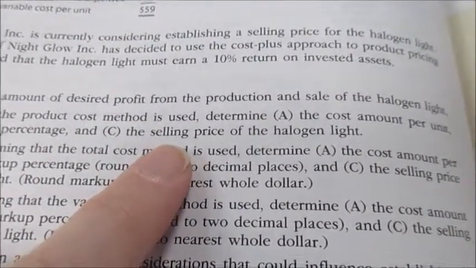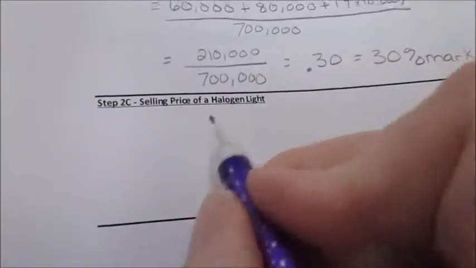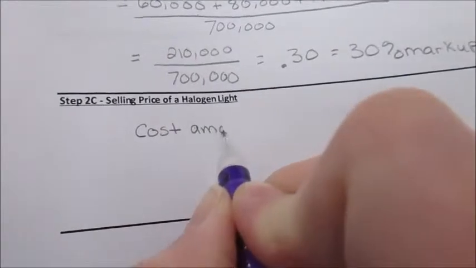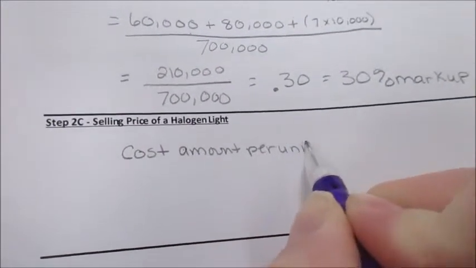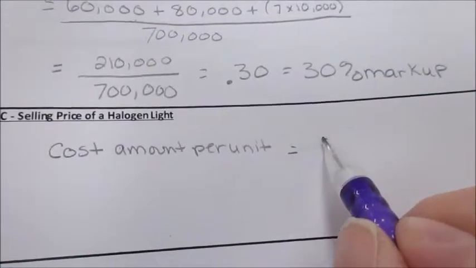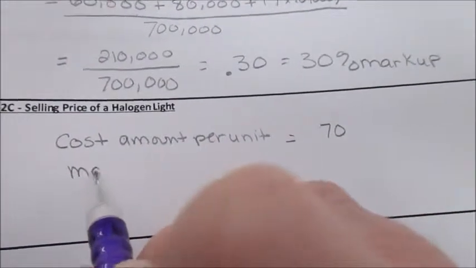Okay. Now 2C is looking for the selling price of the halogen light. When we're setting our selling price, we're going to take the cost amount per unit. This is the same number that we calculated in step 2A, so that one is 70, plus our markup.